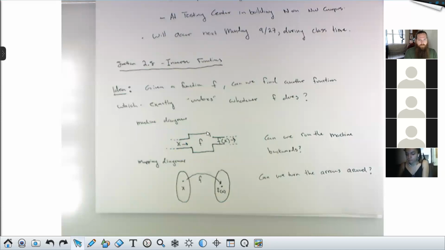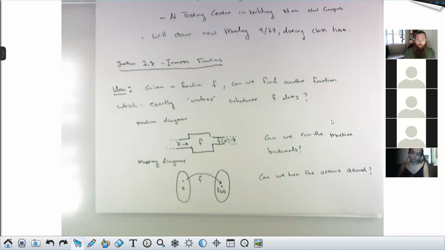So the answer to this question, can we find another function which exactly undoes whatever the original does, is yes, but with some stipulations, only under certain conditions. Only if the original function somehow preserves the information. Looking at an output, which input did you come from? Looking at the blank can, can I tell what the logo used to be?